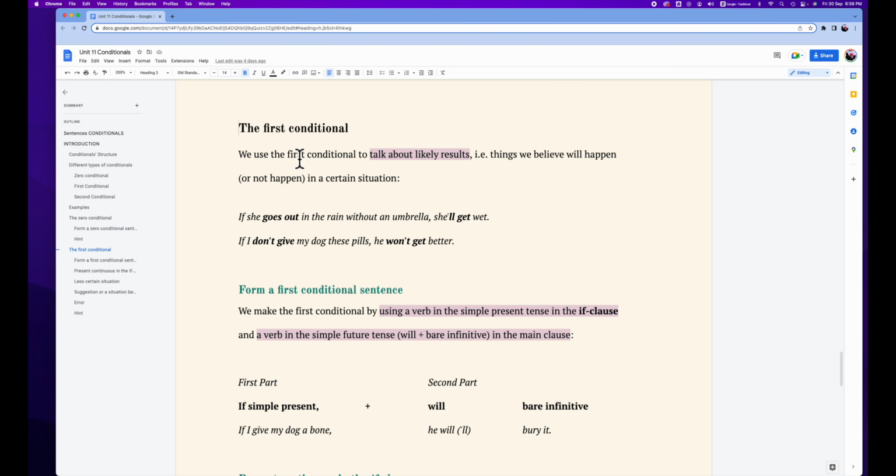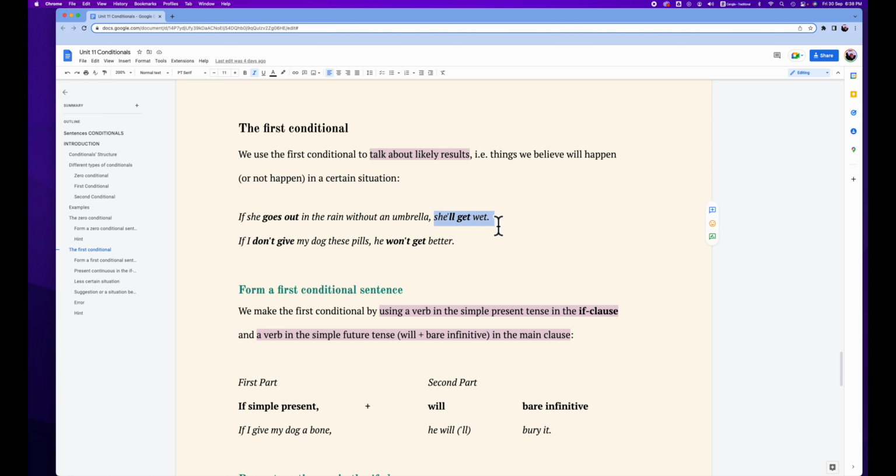The first conditional. We talk about something likely to happen. It could be very likely, or it could be less likely. For something that is very likely to happen, we will use will for the B part. If she goes out in the rain without an umbrella, she will get wet.